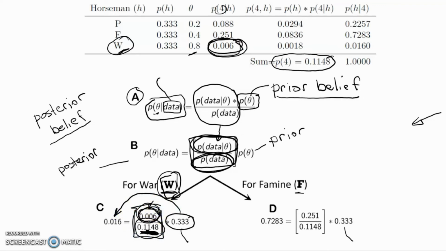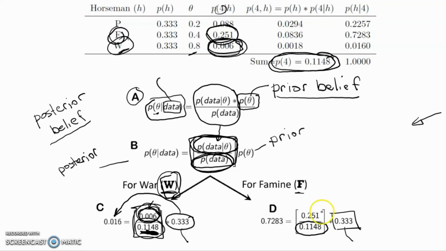And the opposite is going to happen in the case of famine. So this 11.5%, that's just the probability of 4 dying. However, if famine had been responsible, there's a 25% probability of 4 dying.